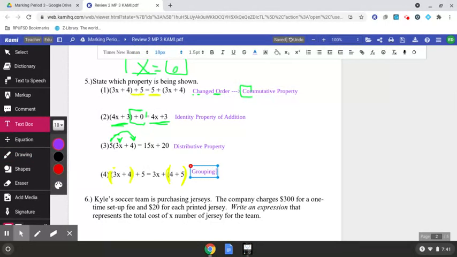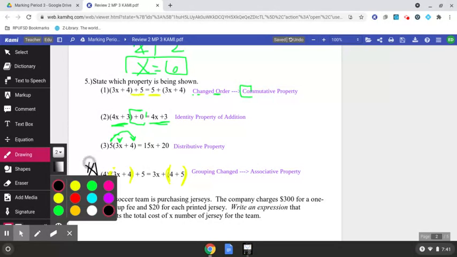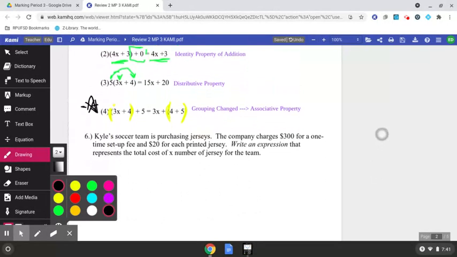So my grouping changed, which is the associative property, who they associate with changes. Again, I said it during class, but this is the one I would like you guys to know for the test and be able to identify. So you want to make sure you can pick out an example of the associative property.